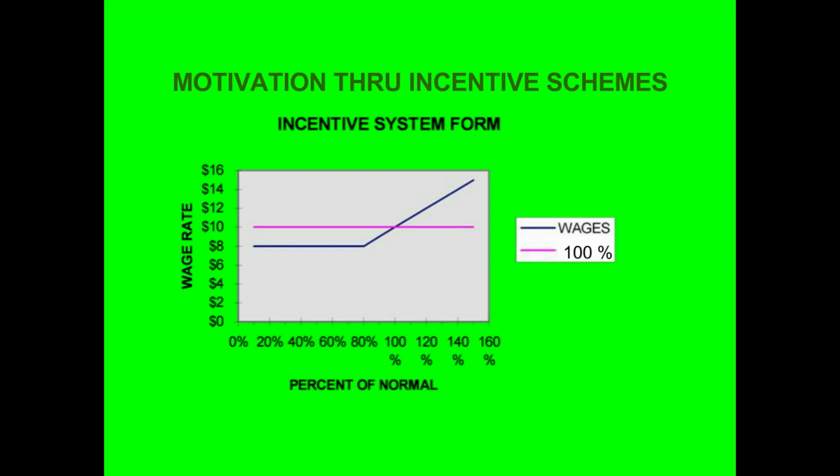So if productivity is above average, they get more per unit dollars. Now, a lot of folks pay on a piece rate basis, which automatically has this built into it. This was one built on an hourly basis within a company. So people use different approaches to provide incentive systems.